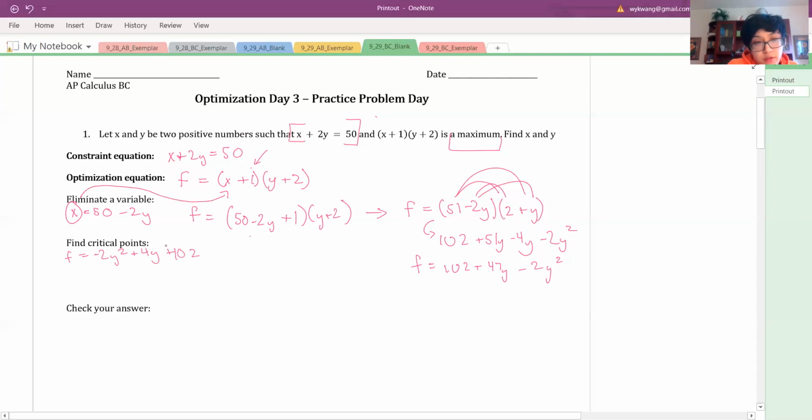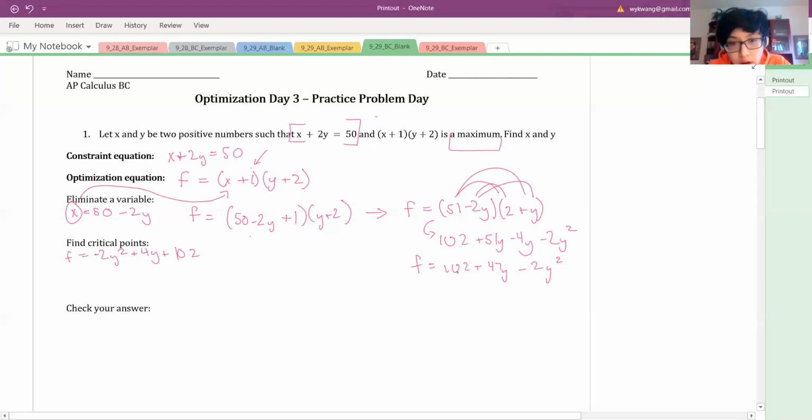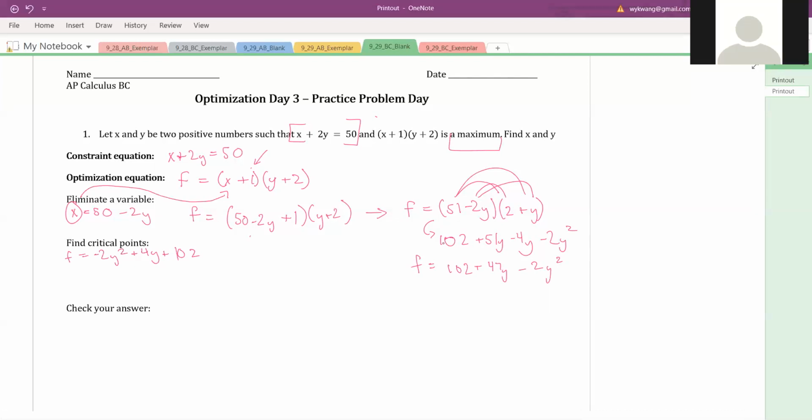Daniel, do you have a question? You can come off of mute. Yeah, how did you get to, what do you call it, 10 squared plus 47y? Oh, sorry, this is a 102. This is not 10 squared. That's 102? Oh, okay. Yeah, so it's 51 times 2. So that's 102. And the 47, how did you get the 47 too?